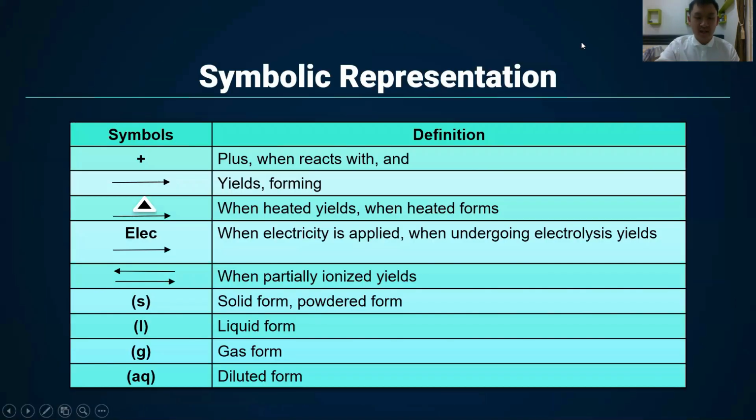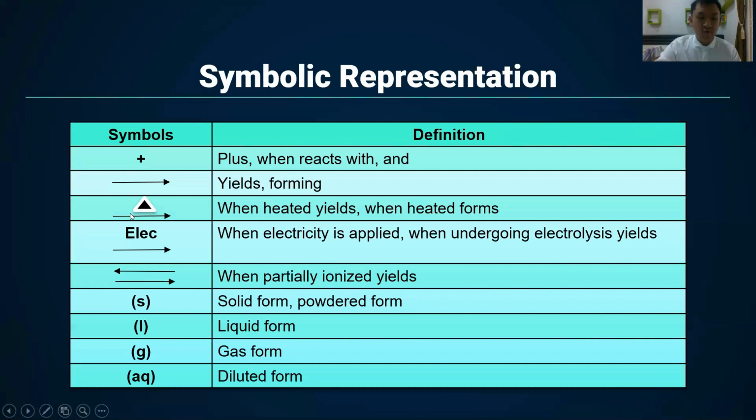Now onto the next slide, which is the symbols of chemical reactions. This table showcases the symbols used in chemical reactions as well as their respective definitions. The plus symbol represents plus or when reacts with. The arrow pointing to the right represents yields or forming.